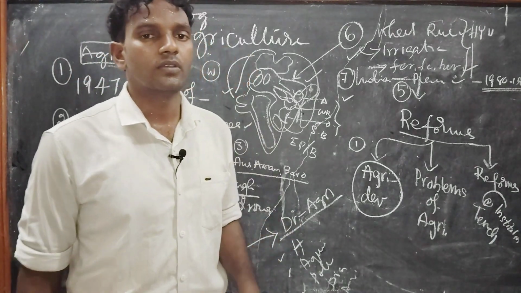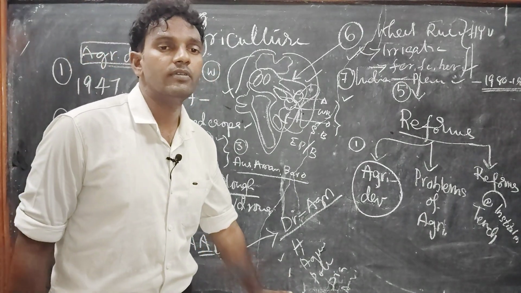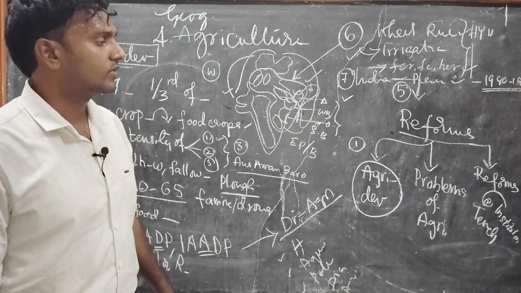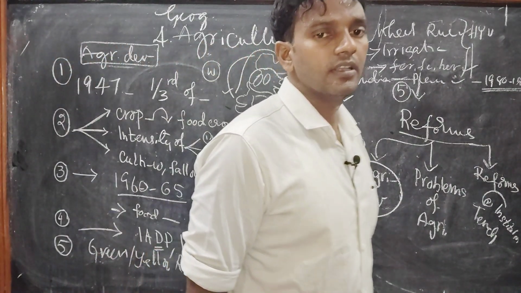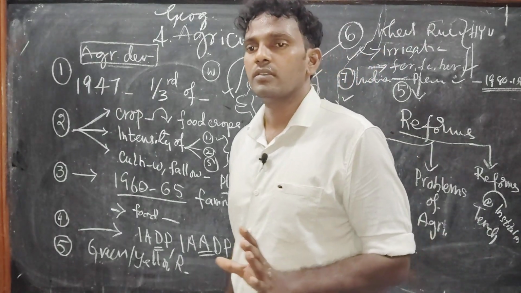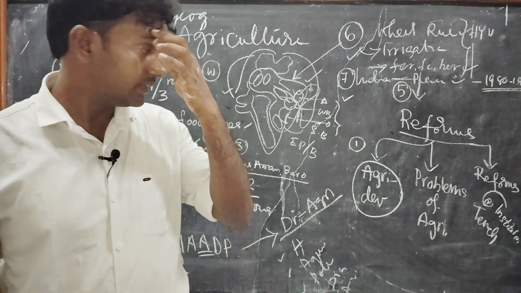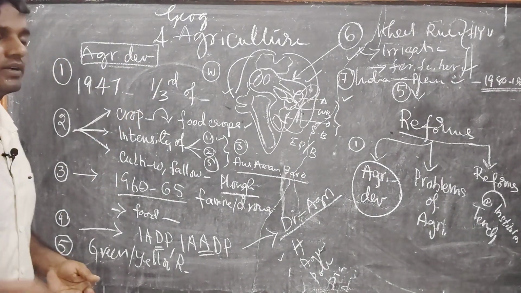Again, in India we focused on these types of allied activities also. So now India has become self-sufficient in producing food crops as well as other needs. Is it clear? Okay.